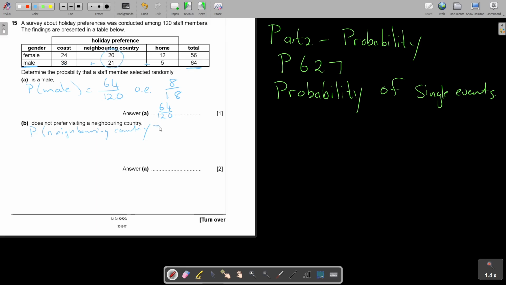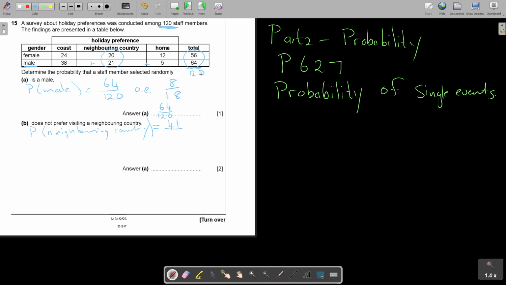So the probability of that is going to be 41 over the 120. Now the total, if you find the total amount of people, it's meaning that if you add up these 2, you will get 120 there.